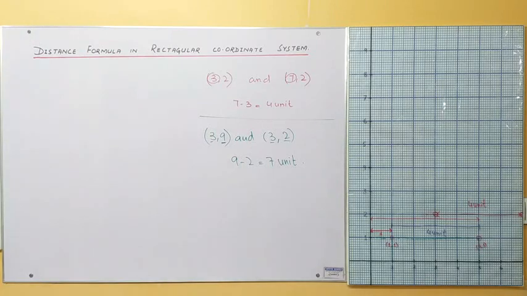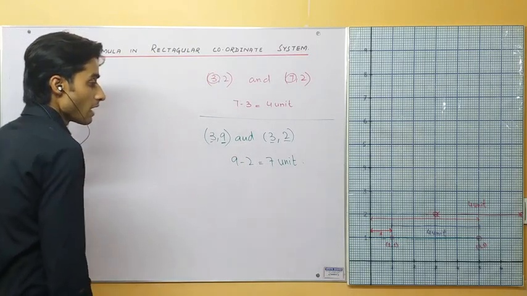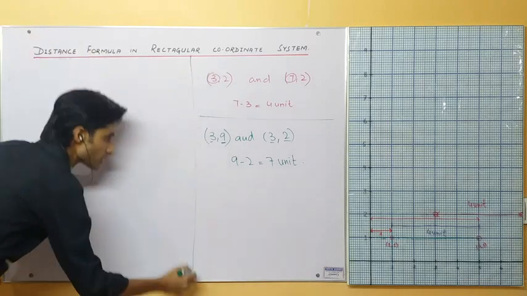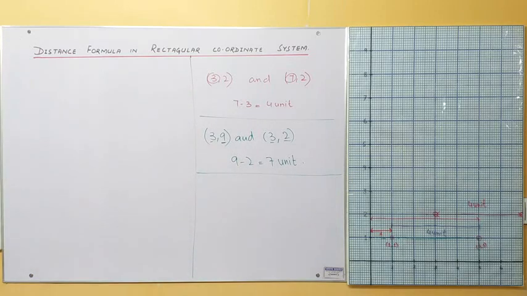As long as we have such points in which either x or y component is constant, then we only take the difference between the varying component. But the situation does not remain like this all the time. You do not always get these kind of points.